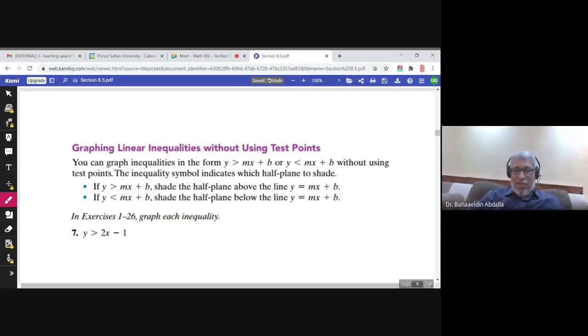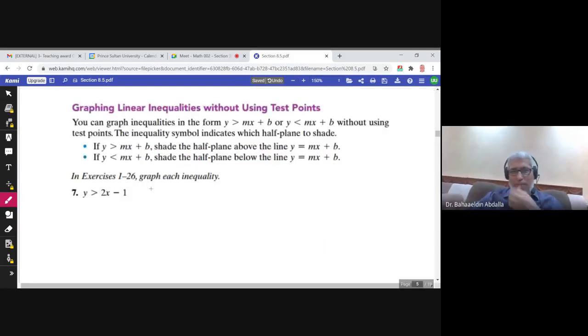And now pay attention to this point. You don't always have to use a test point. Sometimes you know the graph of the inequality, whether it's the upper half plane or the lower half plane, without choosing a test point. When?